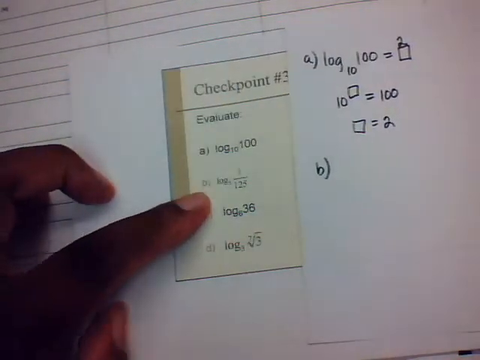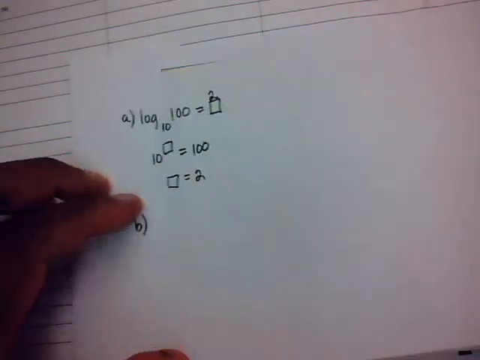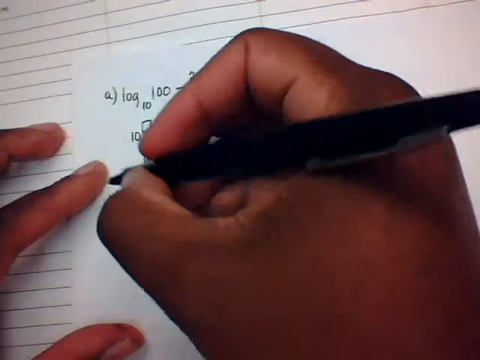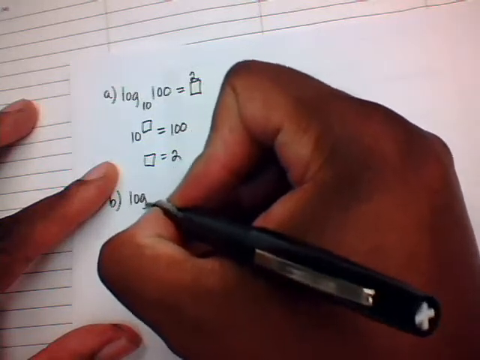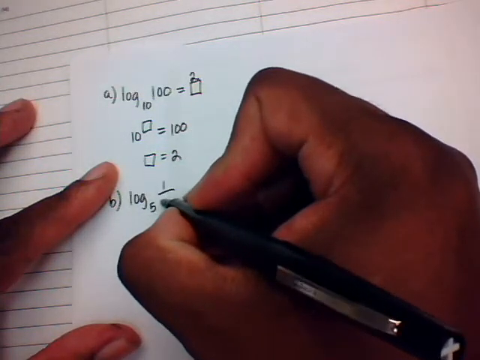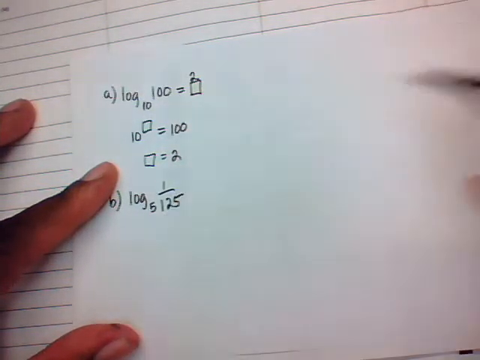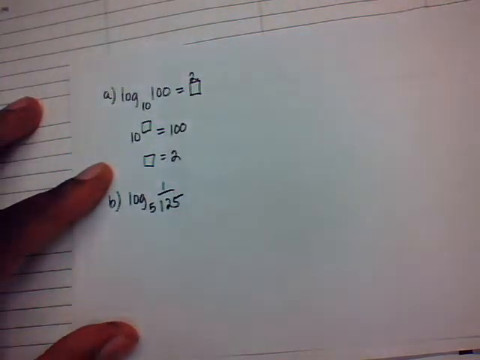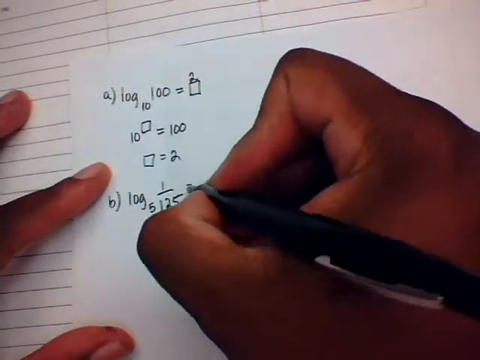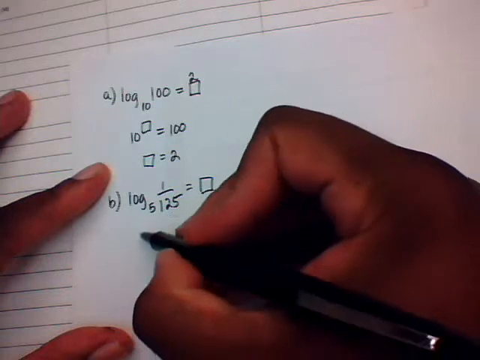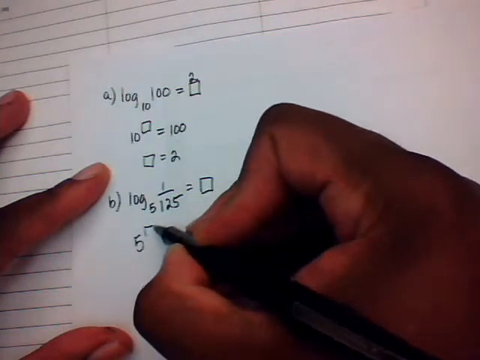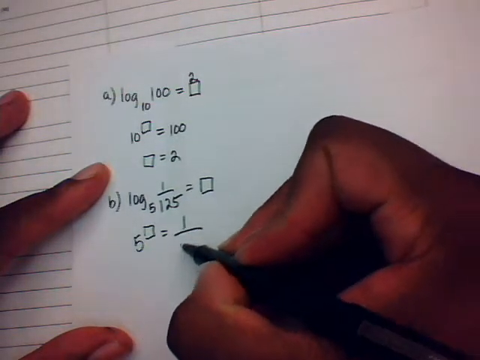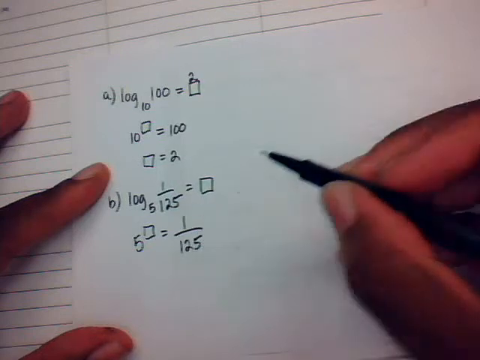All right, part B looks like this. You got log to the base 5 of 1 over 125. Okay, so here we're basically trying to find out 5 to what power will give us 1 over 125.